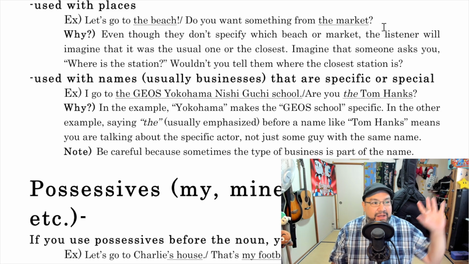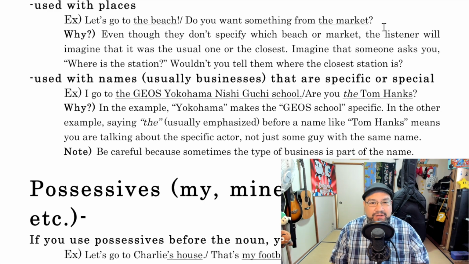Even though there could be many libraries around, I'm going to the library. We just say the naturally because in old times there was only one library in the town or one market. I'm going to the market. So you can think about it that in the past there was only one market, so we say the market. Or, like I said, it could be the usual or closest market.